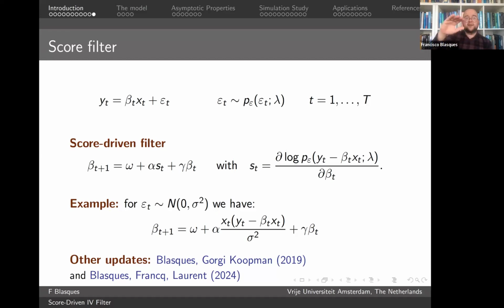In terms of the likelihood. So why don't we essentially take the previous value of beta, and then with the new incoming data, yt and xt, update beta to improve the likelihood. So in the direction of the Jacobian, of the derivative of the likelihood with respect to beta, a bit like one does in a Newton step, right?